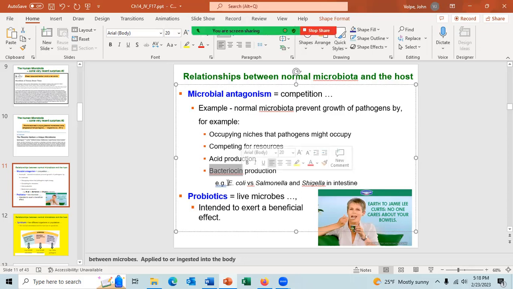But even the narrow spectrum, it takes a whole type, like all the gram negatives. And bacteriocins are very specific.